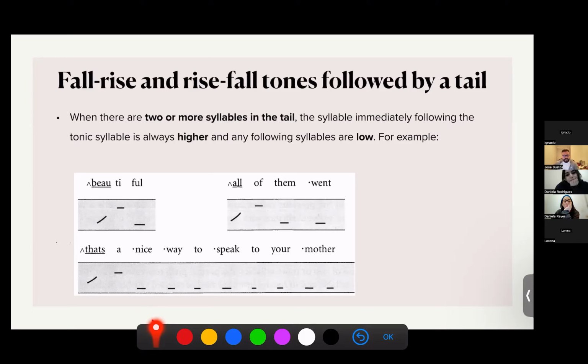Okay, Ms. Rodriguez, can you please pronounce this one? Beautiful. Beautiful. Beautiful. Yes. Now, Ms. Rodriguez, this one.